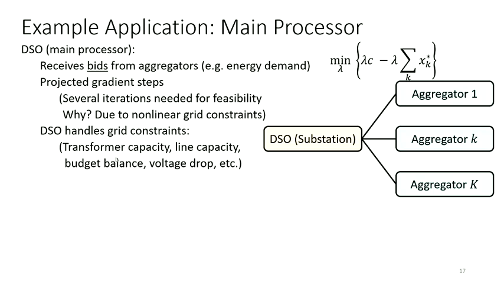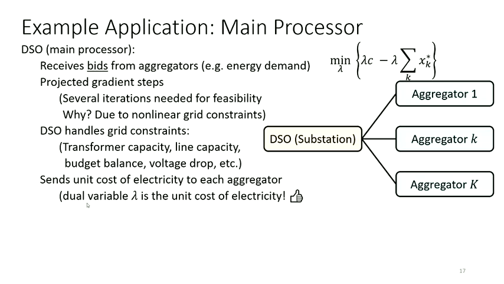There are so many nonlinear constraints, transformer capacity, line capacity, because this is not so straightforward. This distribution system is maybe a whole city, so the transmission or distribution lines have their own capacities. And there's something called budget balance, voltage drop. These are so many things that have to be taken care of. I'll tell you what budget balance is.